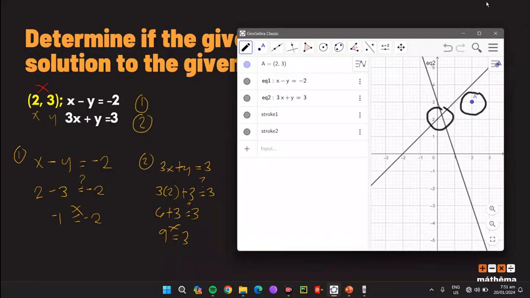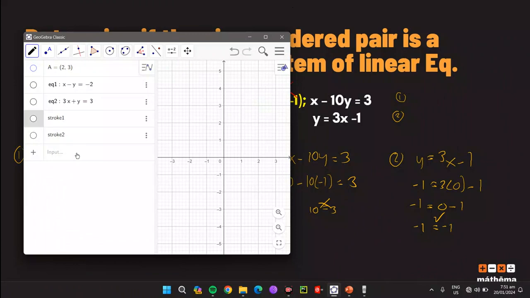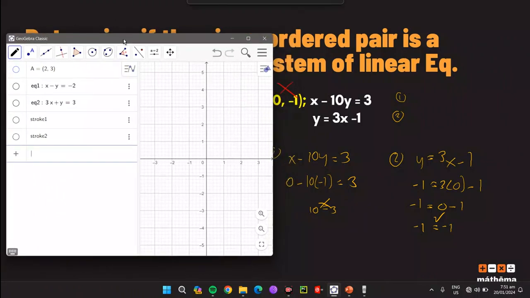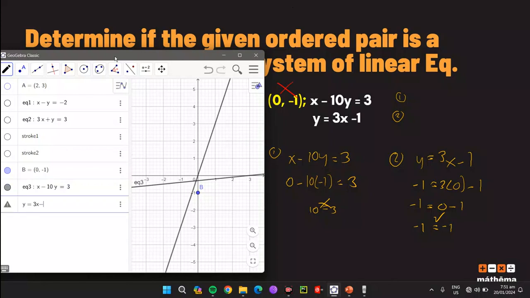Now let's have item number 2. We are given 0 and negative 1. And then x minus 10y equals 3, and y equals 3x minus 1.